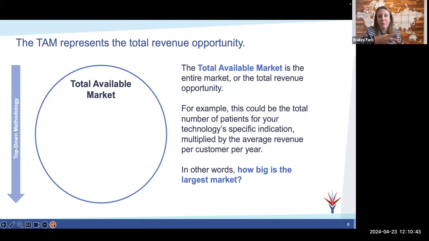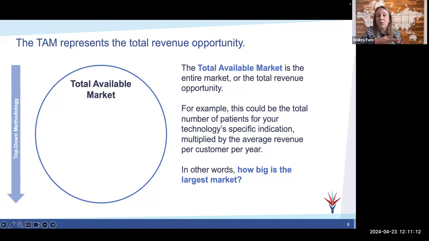So for the top-down approach, you'll start with understanding the TAM. At the highest level, the TAM represents the entire market or revenue opportunity available for a technology or for a company. Calculating the TAM is really about understanding how big the market really is, whether or not your company actually has the means to reach that entire market. For example, the TAM could represent the total number of patients for a technology's specific indication within the United States.